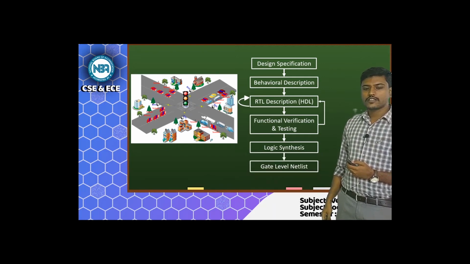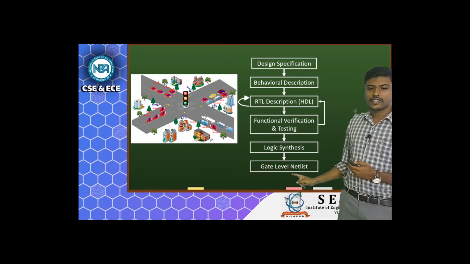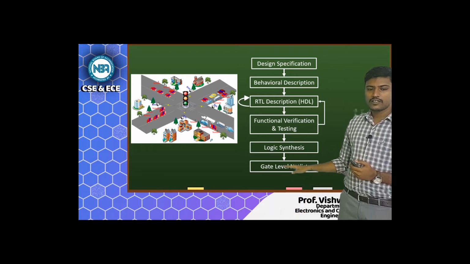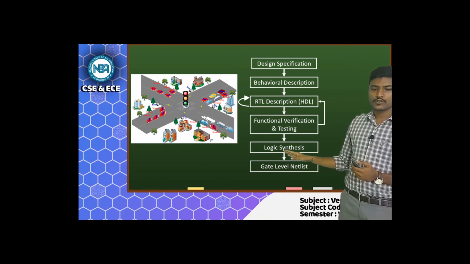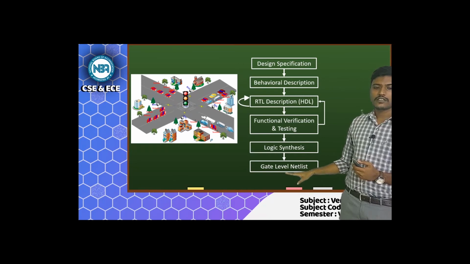Once your logical synthesis is done, we need to generate a gate level netlist. A gate level netlist is defined depending on the gates produced at the synthesis level.